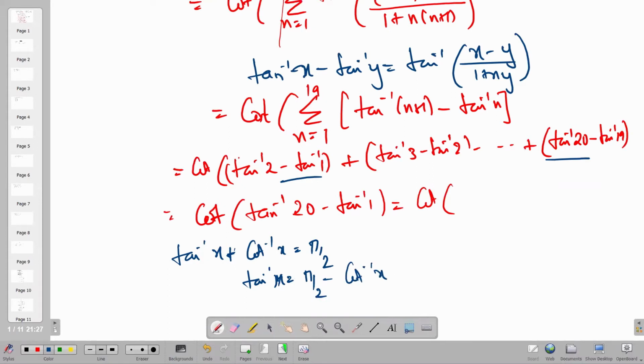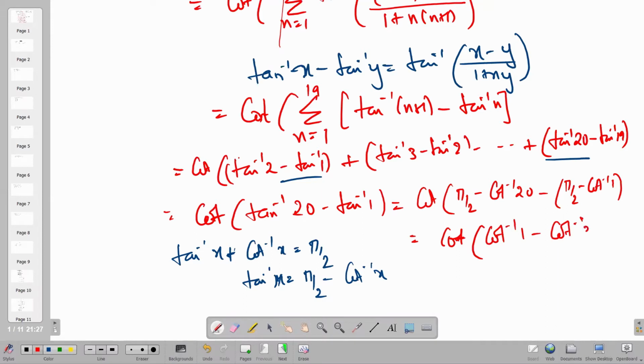Using this I can replace tan inverse of 20 by pi by 2 minus cot inverse of 20 and tan inverse of 1 by pi by 2 minus cot inverse of 1. Further, this is equal to cot, pi by 2 cancels out with pi by 2 and we are left with only cot inverse of 1 minus cot inverse of 20.